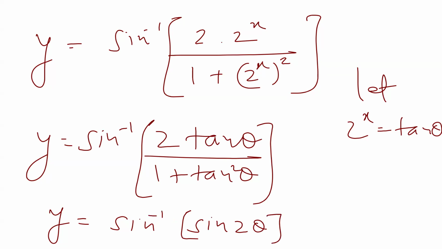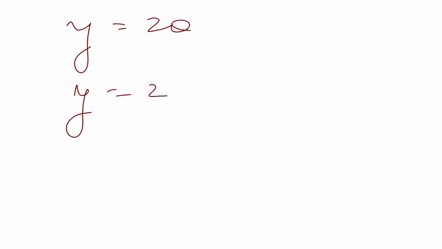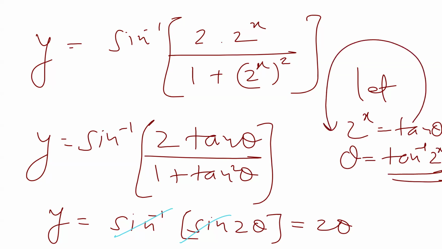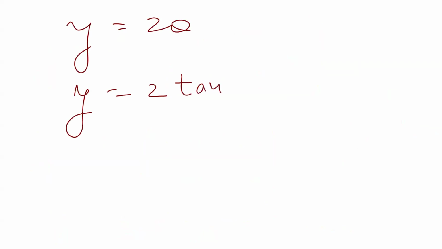So this sine inverse and sine will get cancelled, and then you are left with 2 theta. y is equal to 2 theta. What is theta? From here we can get the value of theta. Theta is nothing but tan inverse of 2 raised to x. Take tan on the other side, so theta is equal to tan inverse of 2 raised to x. Before differentiating, we have to do this.